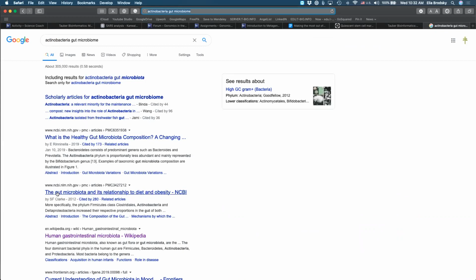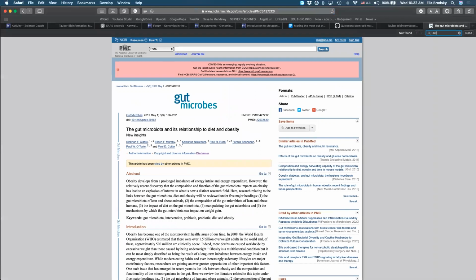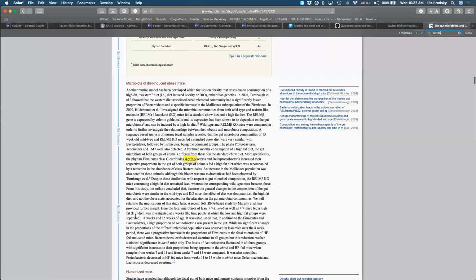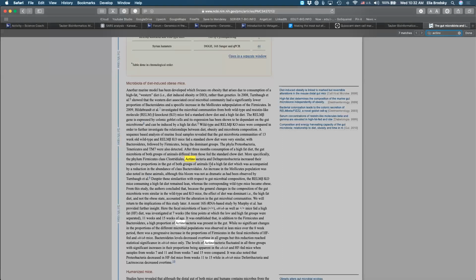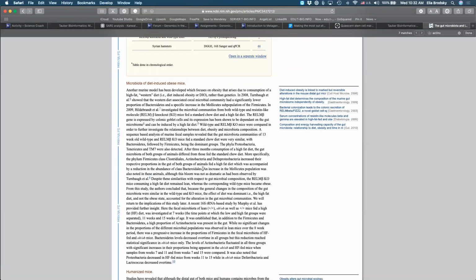Here, for example, in this article, you can see that actinobacteria and delta proteobacteria increased their respective proportions in the gut of both groups of animals fed with a high-fat diet, which was accompanied by a reduction in the abundance of class Bacteroidia. So it has also been studied that actinobacteria is increased in relationship to the high-fat diet.